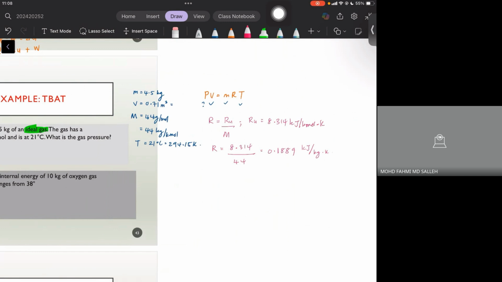And then we can use this to determine the pressure, since pressure can be determined using P equal to mRT divided by the volume.